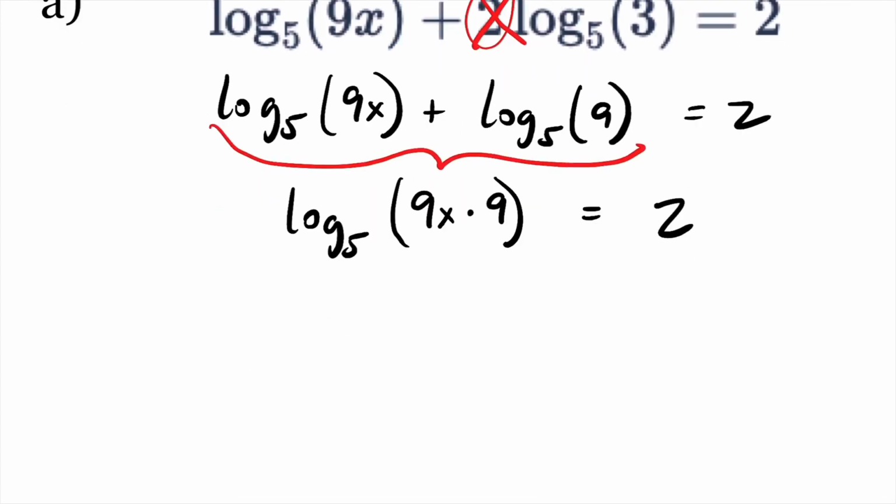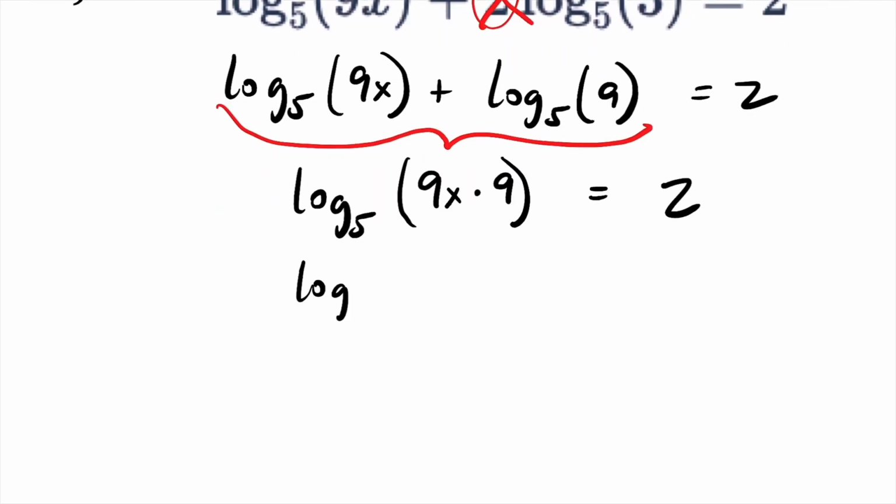So 81x. So log base 5 of 81x equals 2. Okay. Condensed. It's condensed. How do I know it's condensed? Because I only have one log. Okay, I only have one log. No more 2 logs, 1 log.